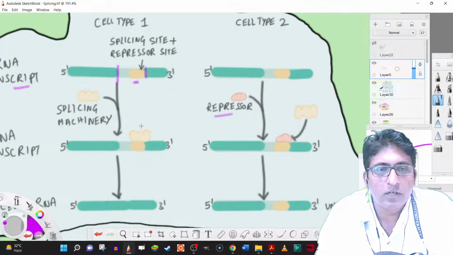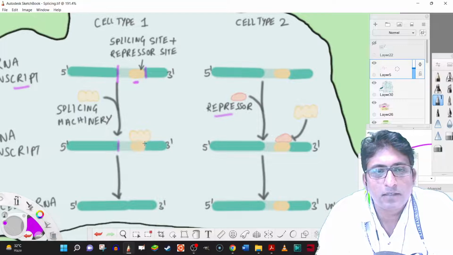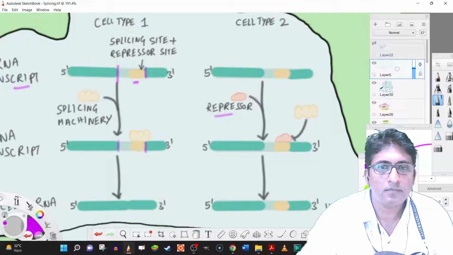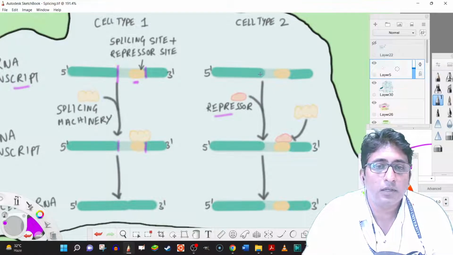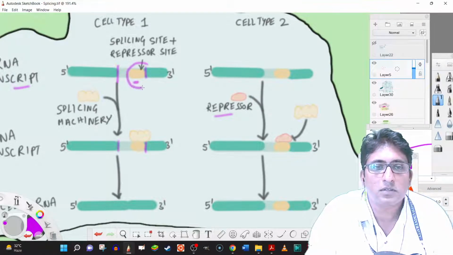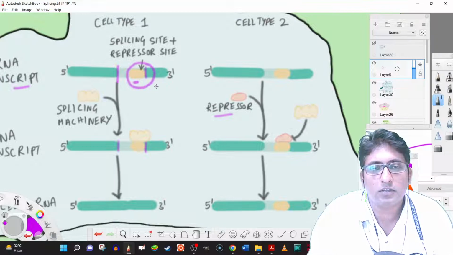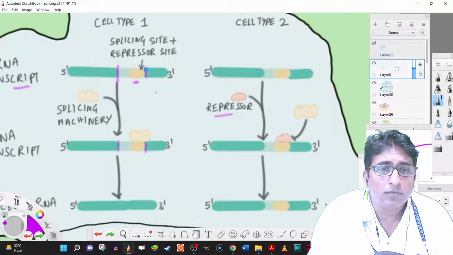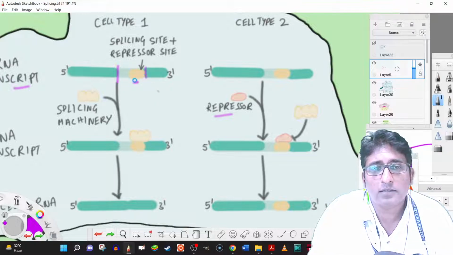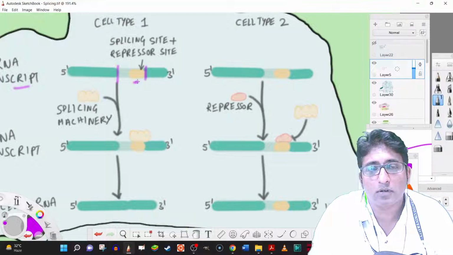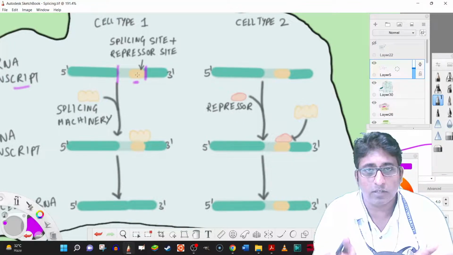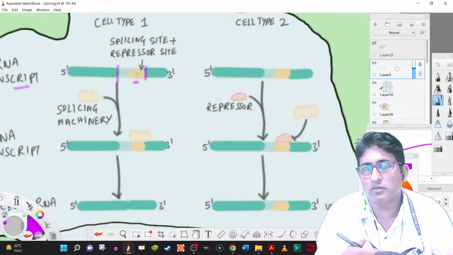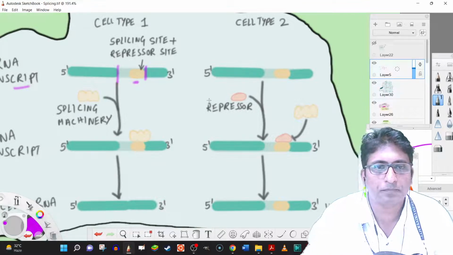Normally the splicing machinery would recognize the 5' splice site and 3' splice site, and splicing between the exons would occur. The problem arises in this region, where we have both the 3' splice site as well as the site for a repressor in an adjacent location. So if one protein is bound, there is not enough space for the other one.